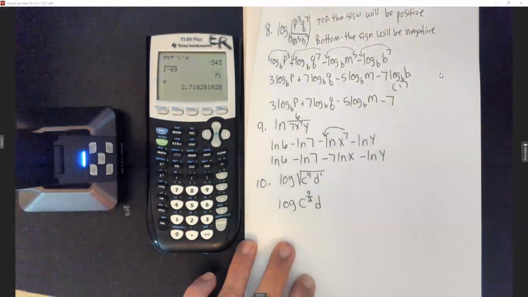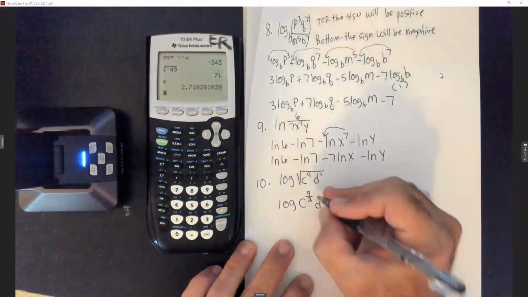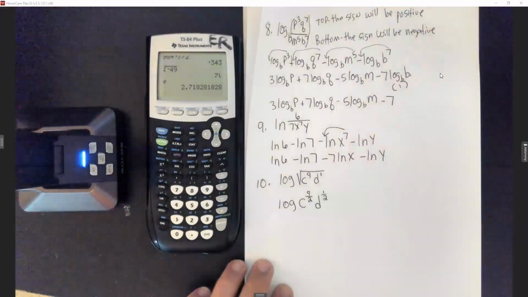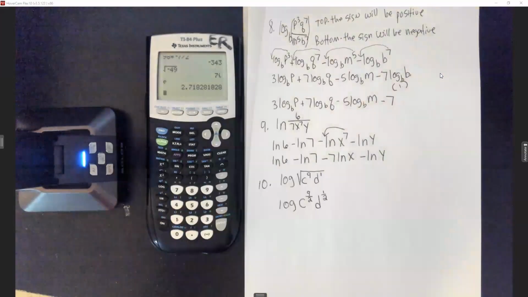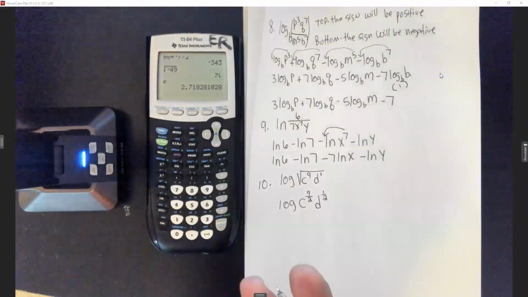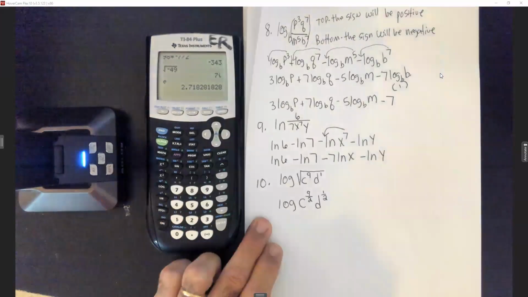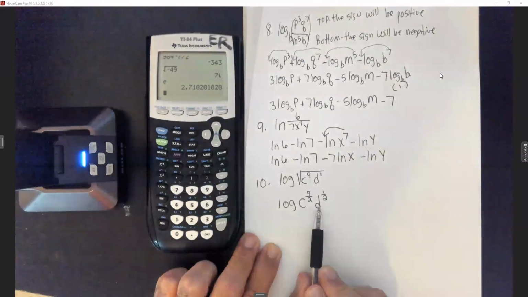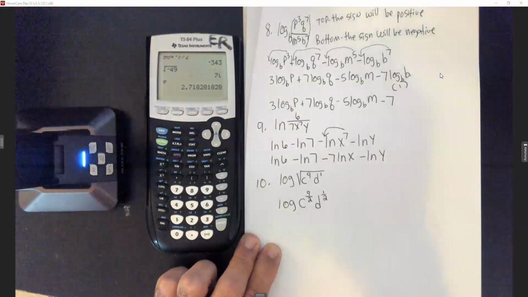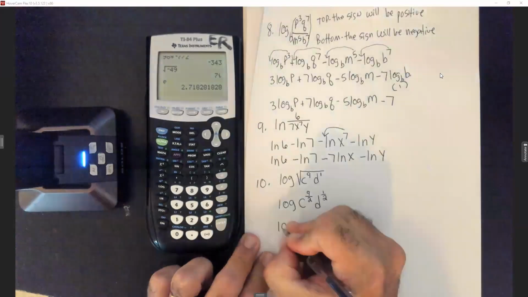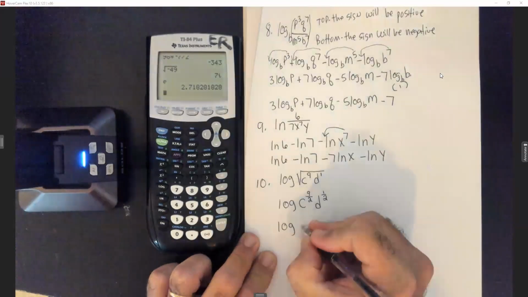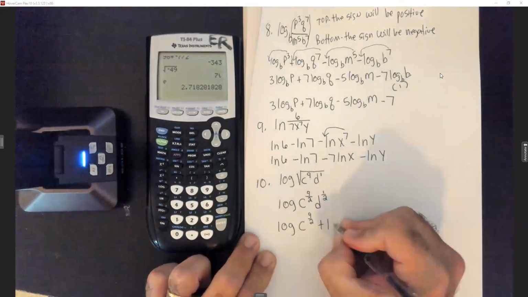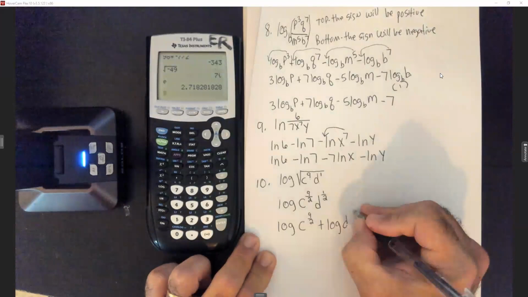So that D would be a 1/2. So you got to remember, that radical affects everybody under it. So I had to rewrite both of those using my radical. Now, since they're being multiplied, we will rewrite this as a sum. So log c to the 9/2 plus log of my d to the 1/2.